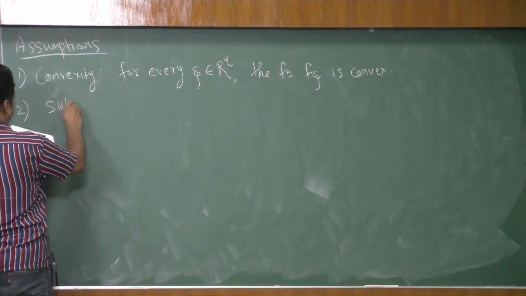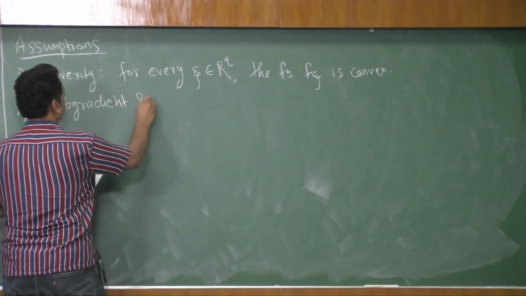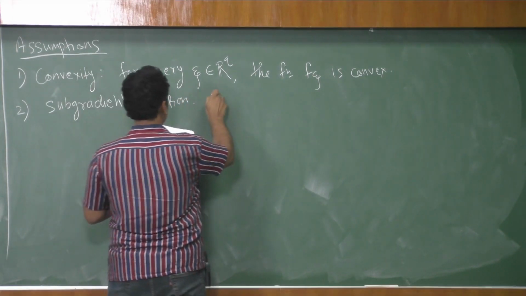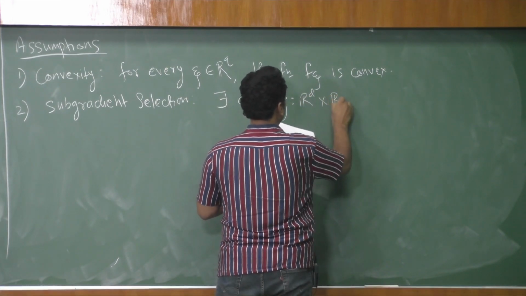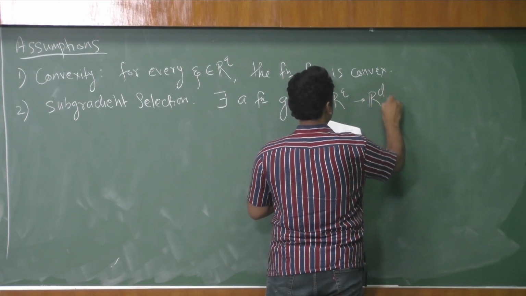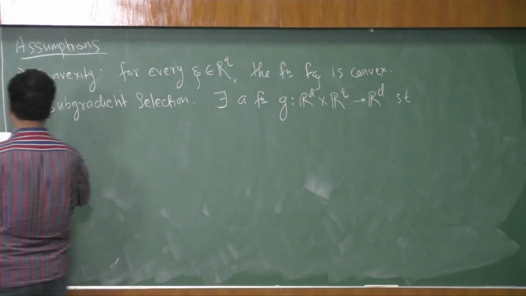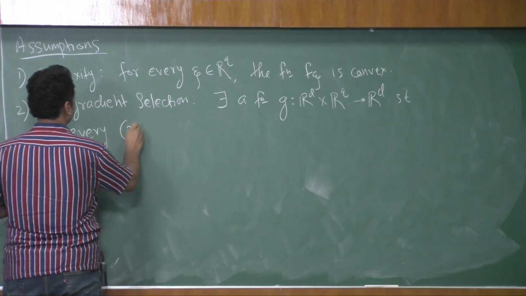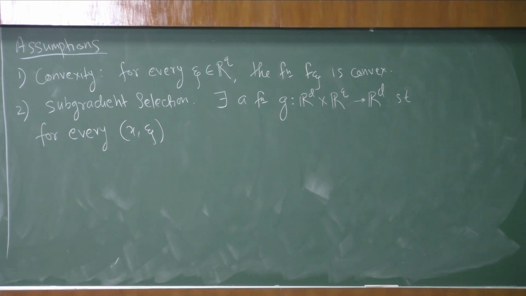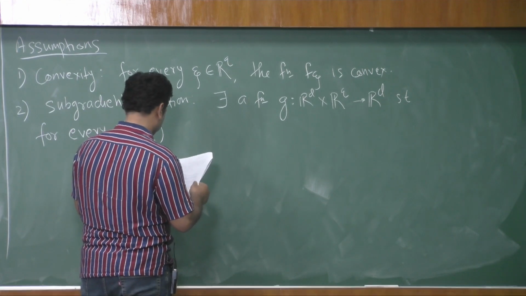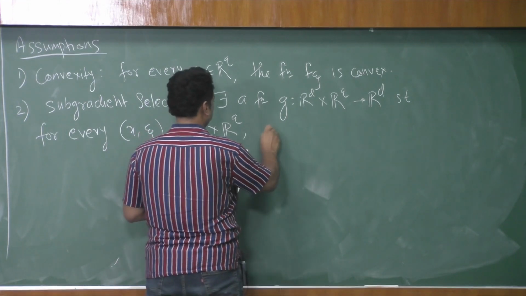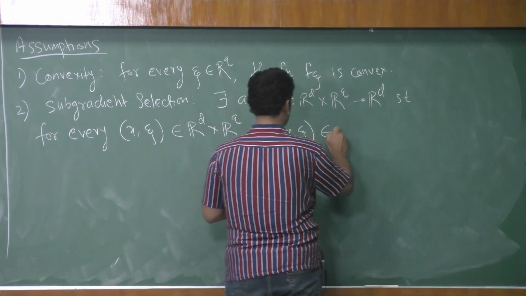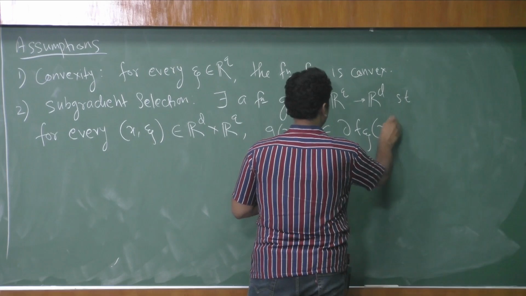So, subgradient selection. This means that there exists a function g from R^d cross R^q to R^d such that for every x, xi pair, so in the stochastic function it's not just the domain point x, but also the random variable now, that's why we talk about x and xi, in R^d times R^q, we have the existence of a subgradient g(x, xi) in the subdifferential of f_xi at x.